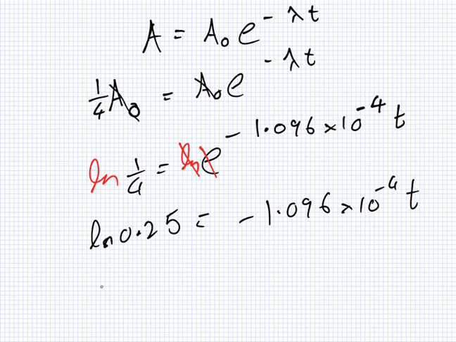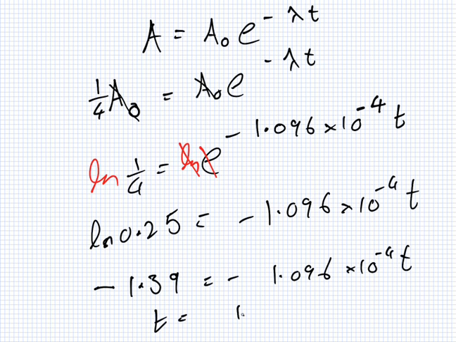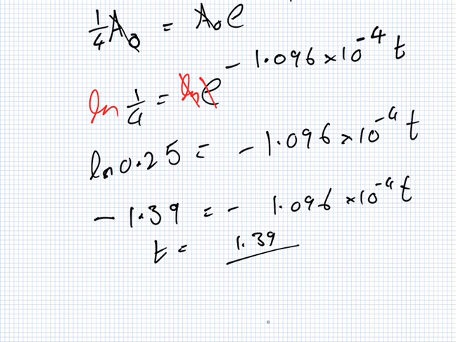What do I get on the left? Minus 1.39 equals minus 1.096 times 10 to the minus 4 t. So t equals 1.39 over 1.096 times 10 to the minus 4, which is a large number.